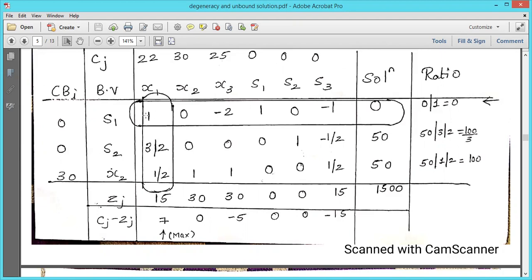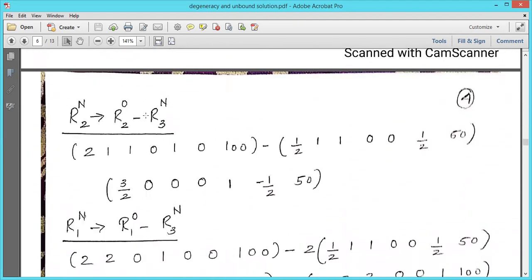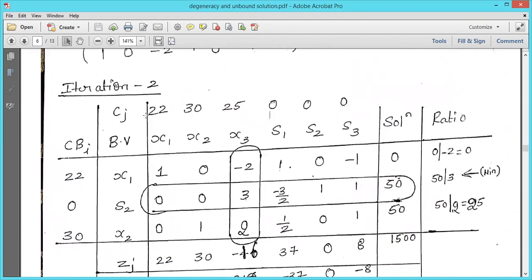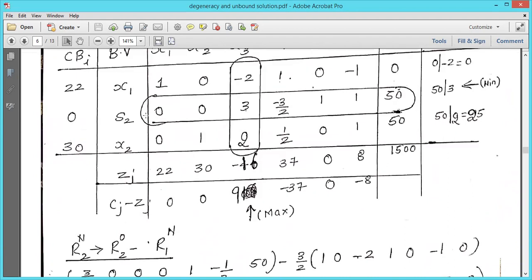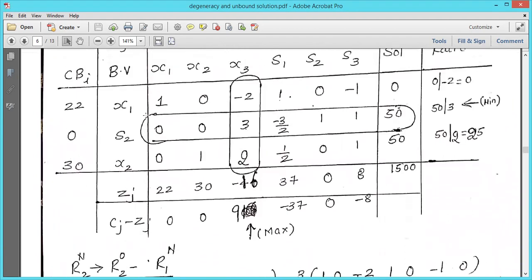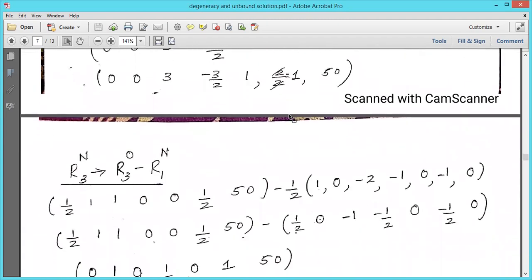After performing all the row operations, we will have these values. I have performed the row operations down here.